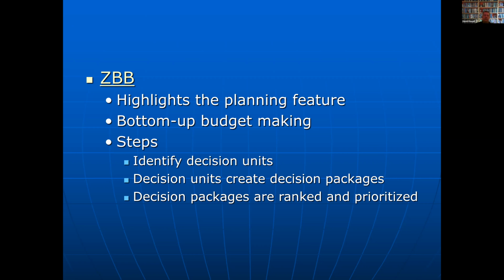And there is a lot of give and take here, because if you're a manager of a unit and you've got certain programs that you're implementing in your unit, obviously you're going to become a champion, like what Anthony Downs referred to as an advocate for the programs within your unit. And so obviously you're going to rank those programs' decision packages much higher than somebody from another unit within your organization.